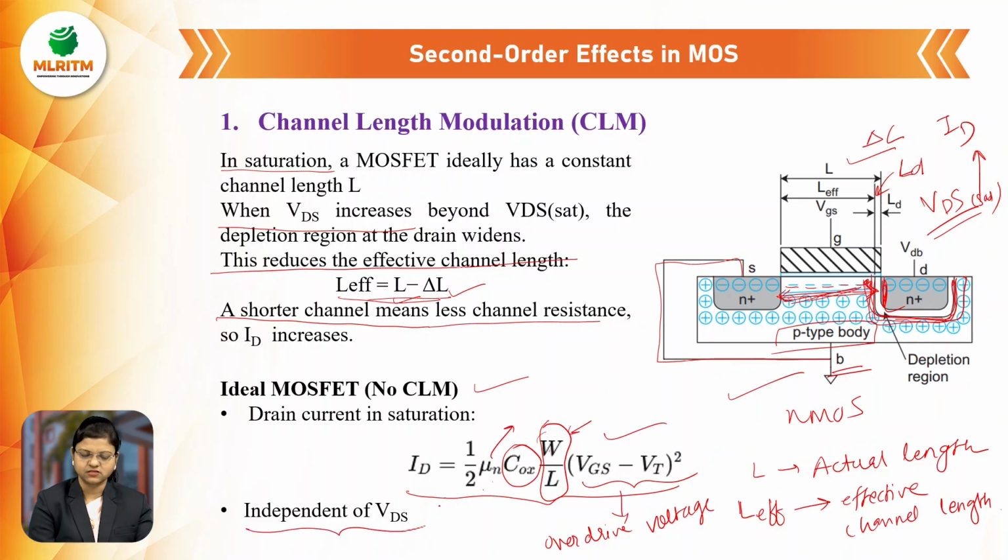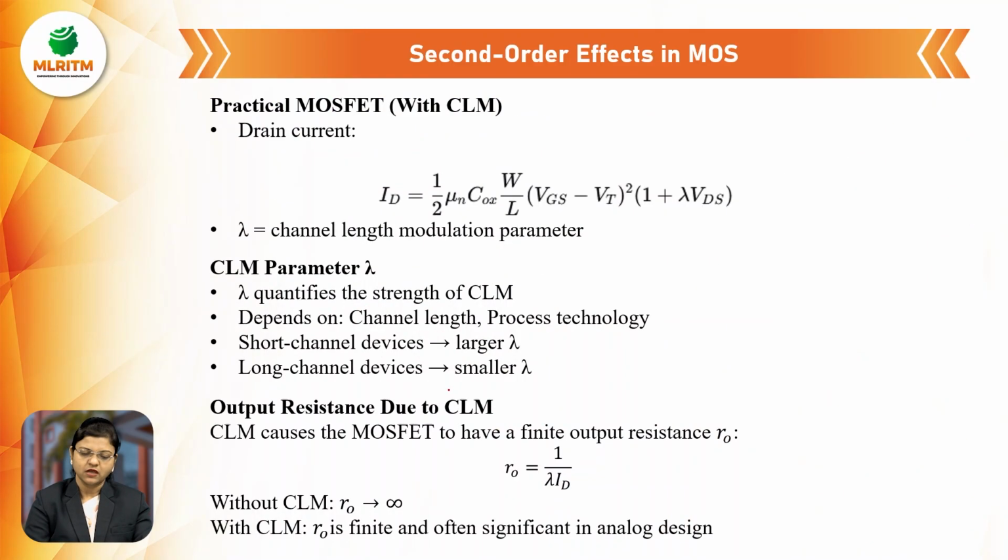In this case your current is independent of VDS, but this is not the case with channel length modulation. This is when channel length modulation is not there. Now when we consider channel length modulation, when we increase VDS further and a depletion region forms beneath the drain, the drain current equation will change.